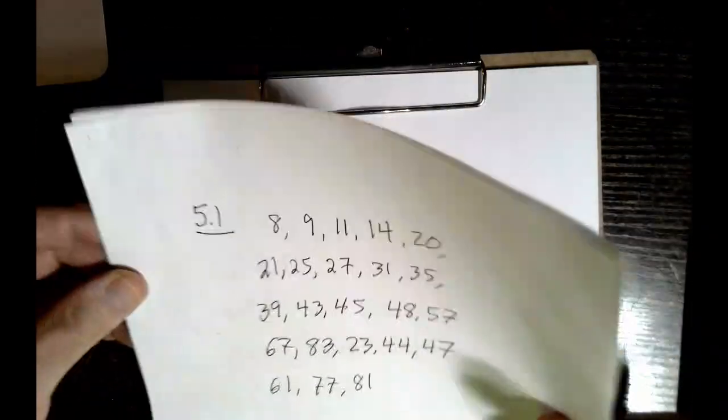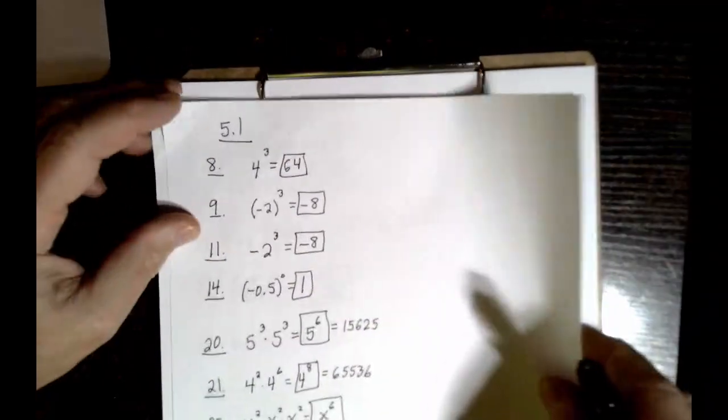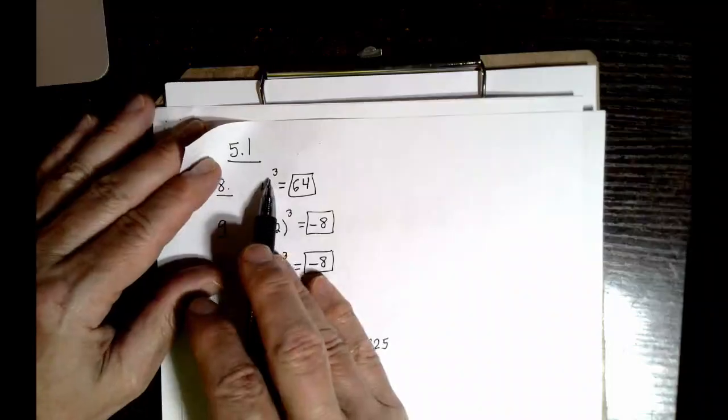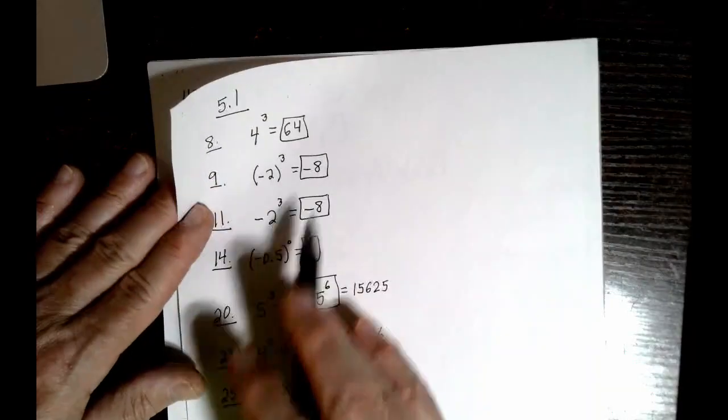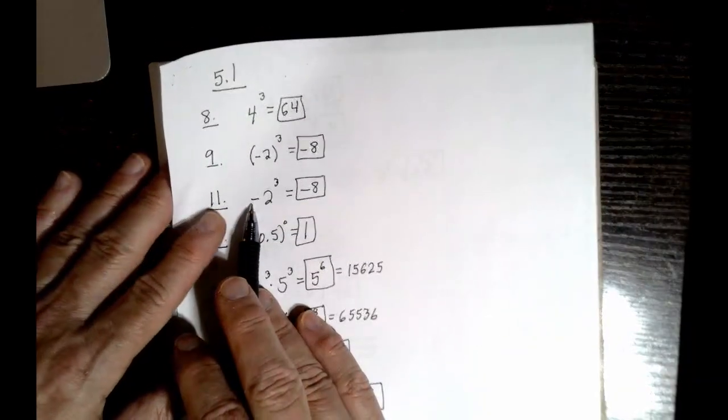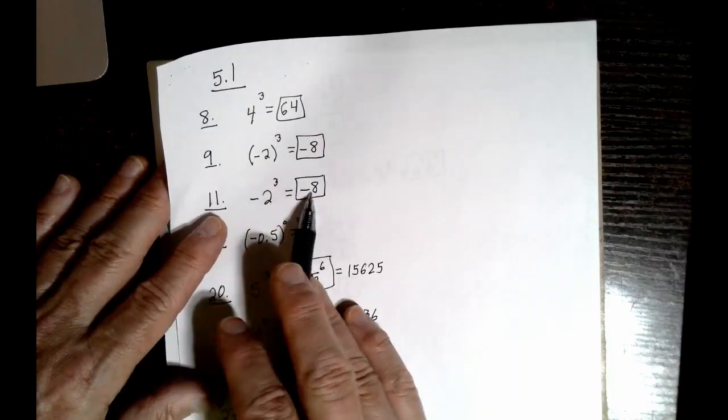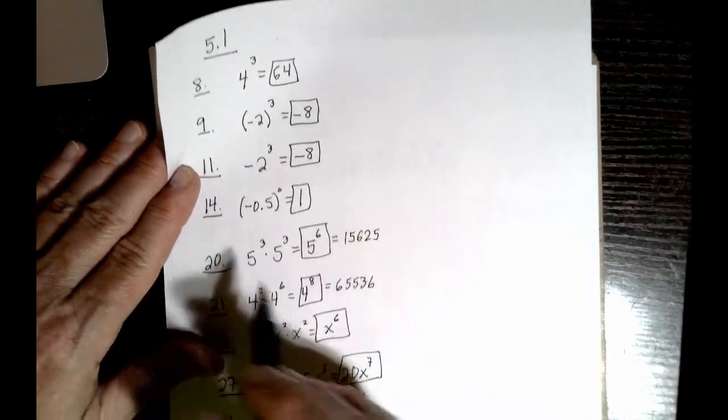Okay. Let's talk about specific similar questions here. 5.1. 4 to the 3rd. Well, that's 4 times 4 times 4, which is 64. Negative 2 cubed. That's negative 2 times negative 2 times negative 2, which is negative 8. This one is negative 2 times 2 times 2, which also happens to be negative 8.